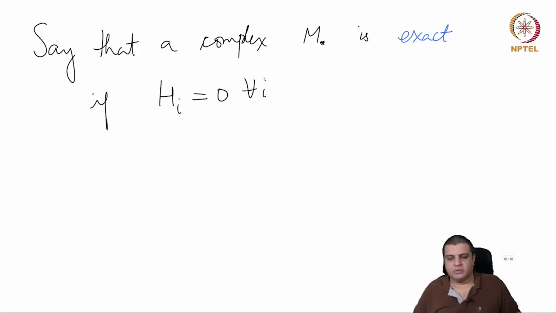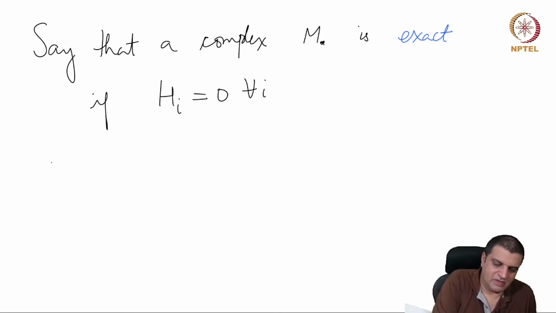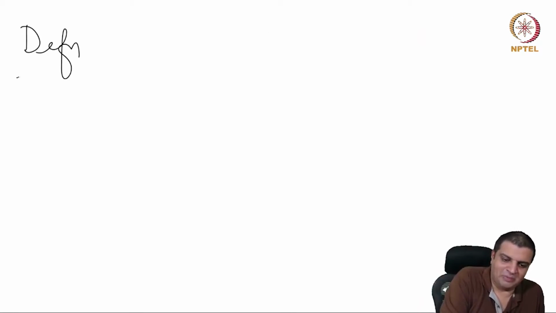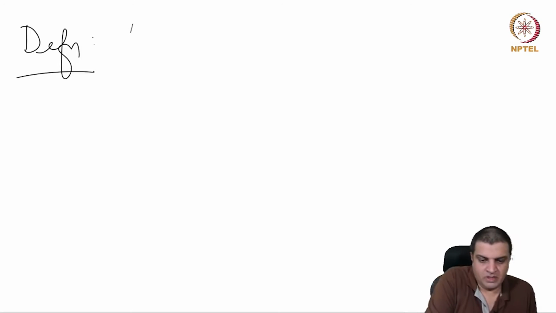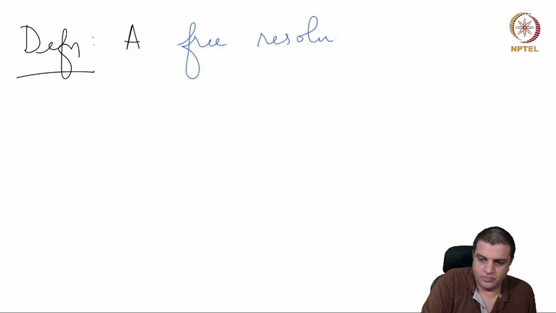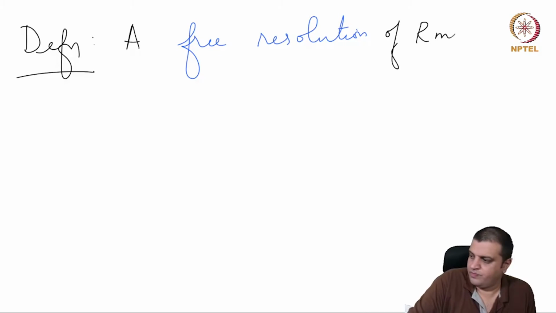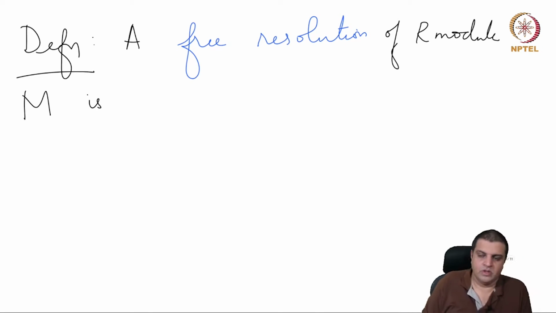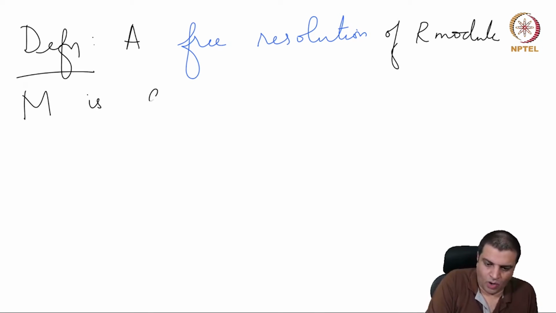So then we can make the definition of a free resolution. Okay, definition. We can make a proper definition of free resolution. A free resolution of an R module M is a complex.